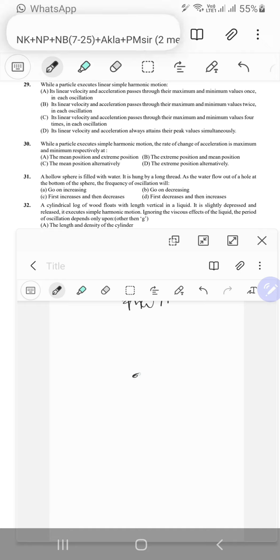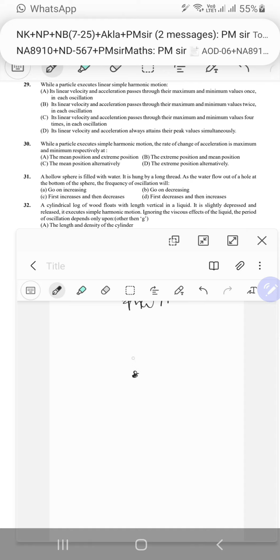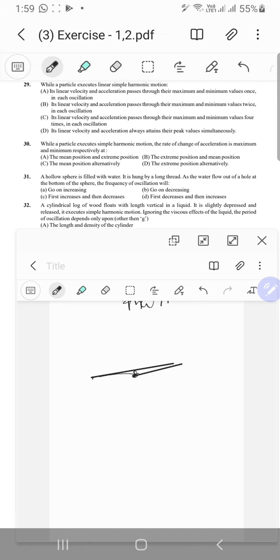Whenever you start, at this point you've got maximum velocity, then over here you've got minimum, then over here maximum once again, and over there minimum. So it's just 2 times for sure. It's going to be 2 times. Once in each oscillation, no.